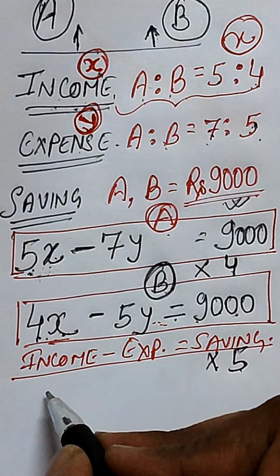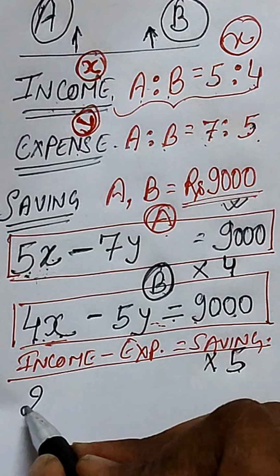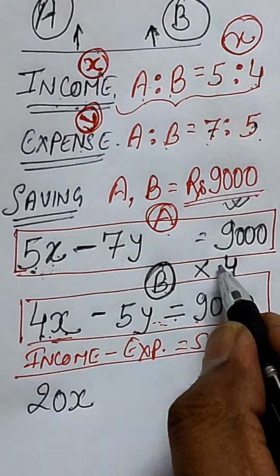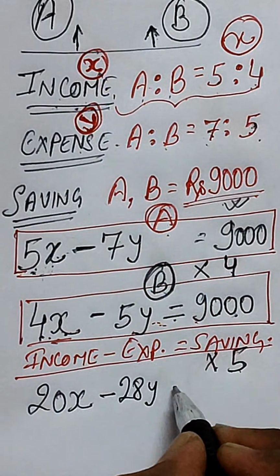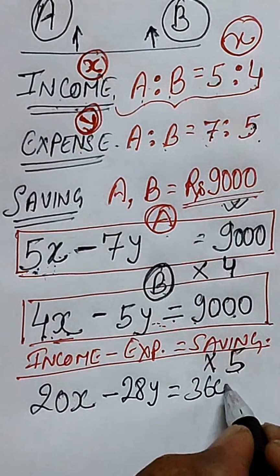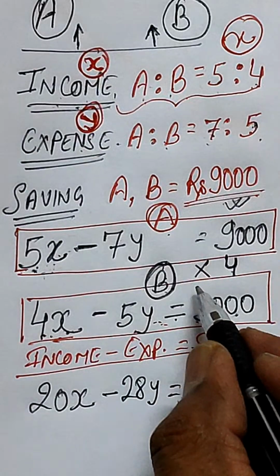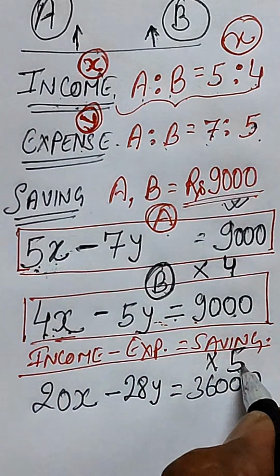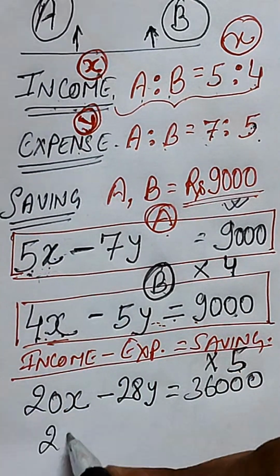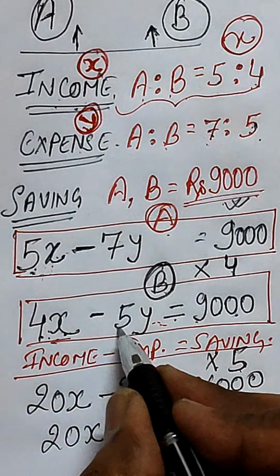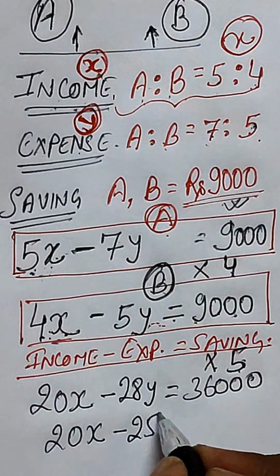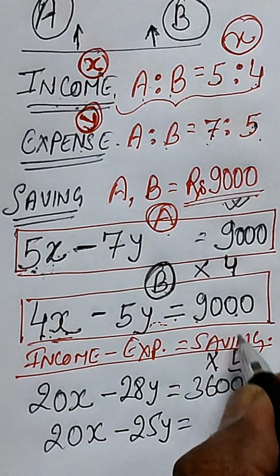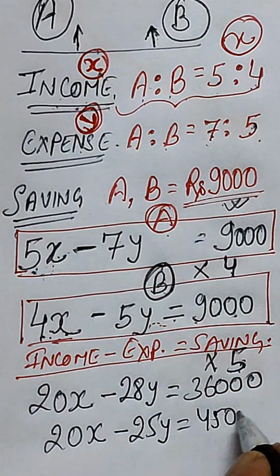Then we are left with what? 5 into 4, 20x. The first one: minus 7 times 4, 28y, is equal to 9 times 4, 36,000. And the second one, multiplied by 5: 5 into 4, 20x; from the second, 5 into minus 5, minus 25y, is equal to 5 into 9, 45,000.